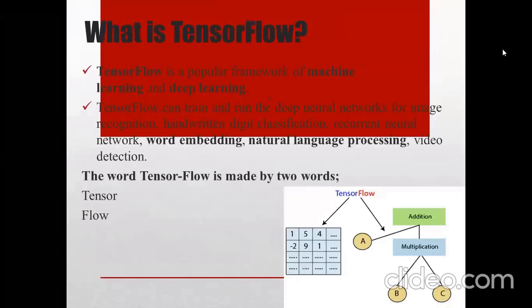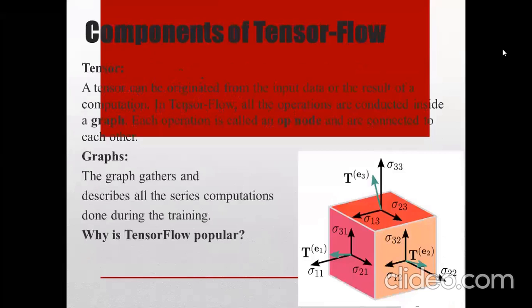TensorFlow has a tool called TensorBoard, which helps in debugging our program. It runs on CPU and even GPU, graphical processing unit. The main thing is TensorFlow attracts the most considerable popularity on GitHub compared to other deep learning frameworks.